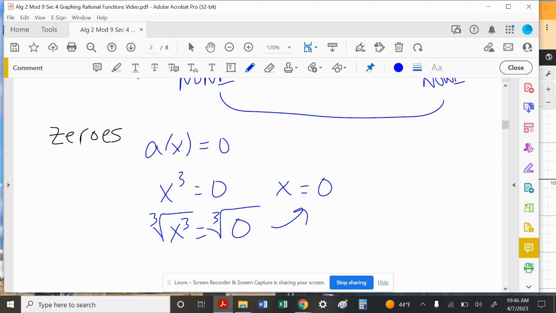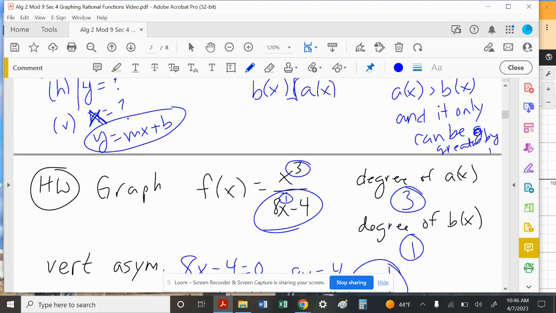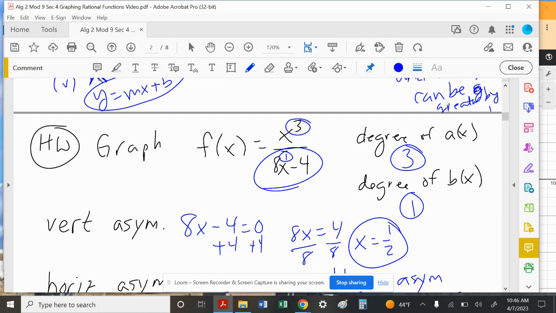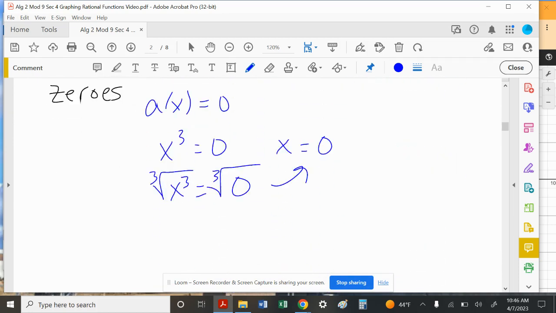In that case, what we would then do is go plug it into the y. Remember that our y is x cubed over 8x minus 4.